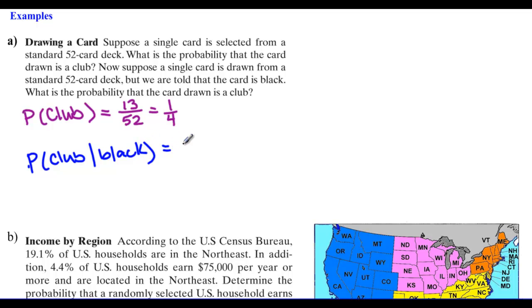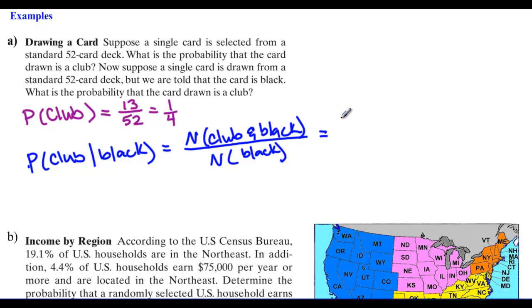We can determine the number of cards that are club and black, which, yes, I know all the clubs are black cards, and then divide that by the number of black cards. So the number of clubs is 13, and the number of black cards is 26, which reduces down to 1/2.